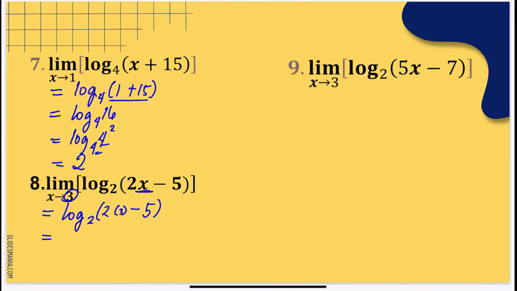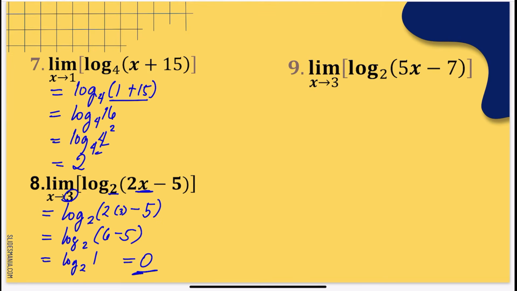So 2 times 3 is 6, minus 5, that is 1. The logarithm of 1 to any base is always equal to 0. So the limit of the logarithm of 2x minus 5 to the base of 2, where x approaches 3, is equal to 0.